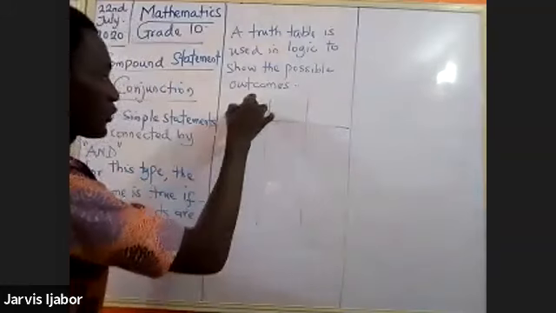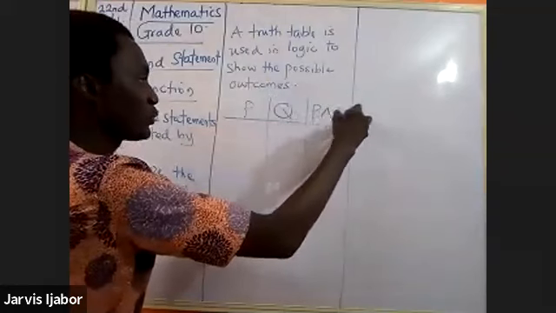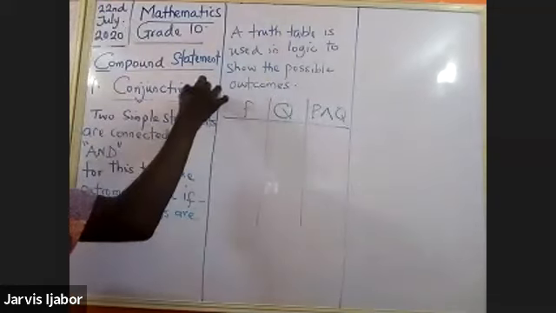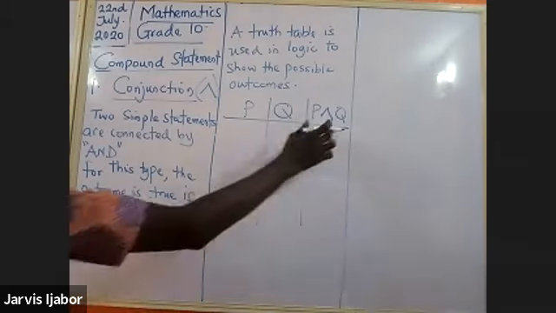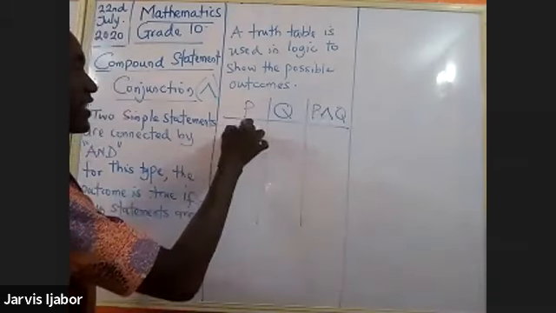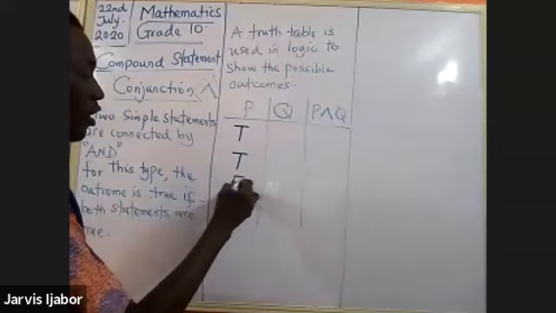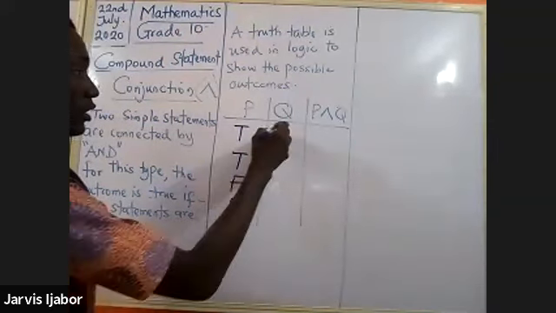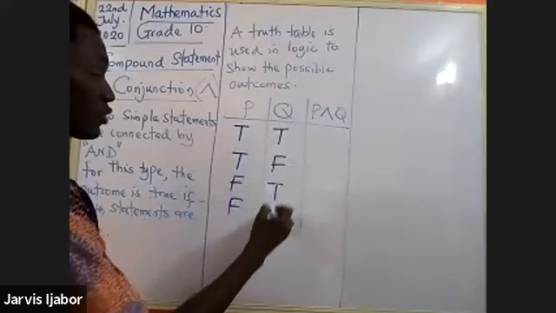For this scenario, you have P, you have Q, you have P and Q. Remember, for conjunction, this is the symbol, and. We have said that for the outcome to be true, these are the possibilities: true, true; true, false; false, true; false, false.